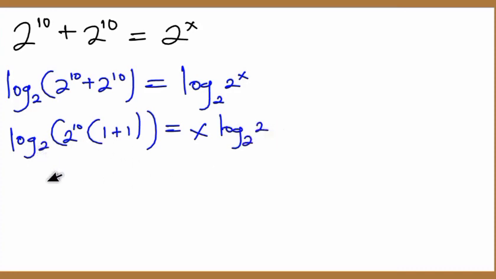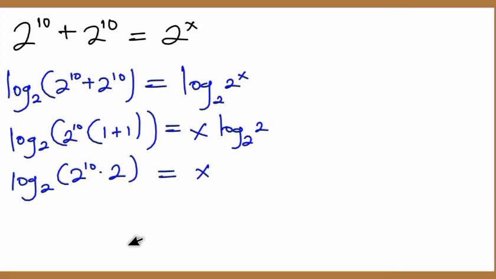So now from here I'll have log base 2 of 2 to the power 10 multiplying 2, equals, I know this one gives me 1, so I'll have my x here.